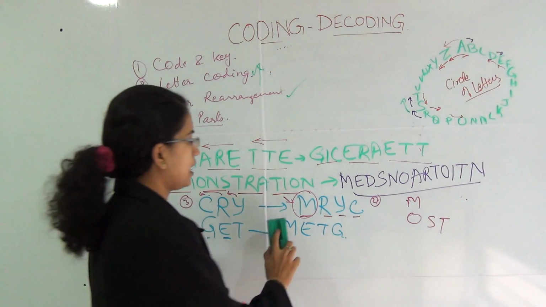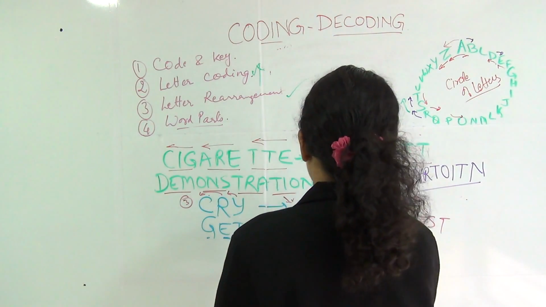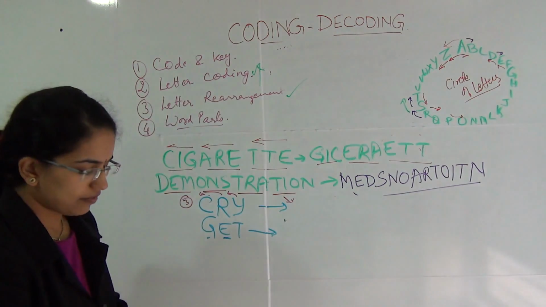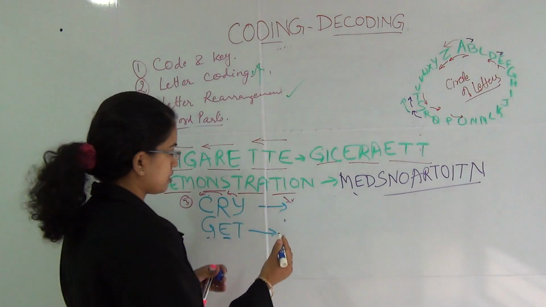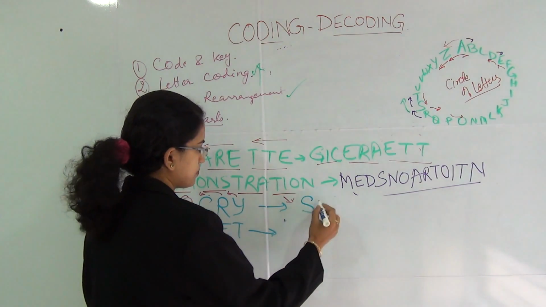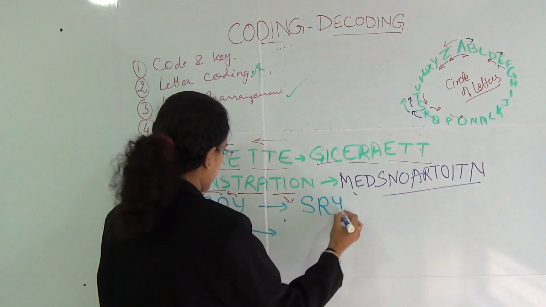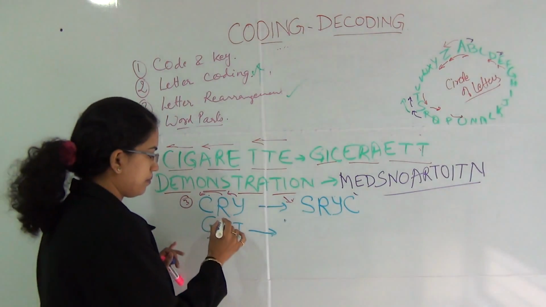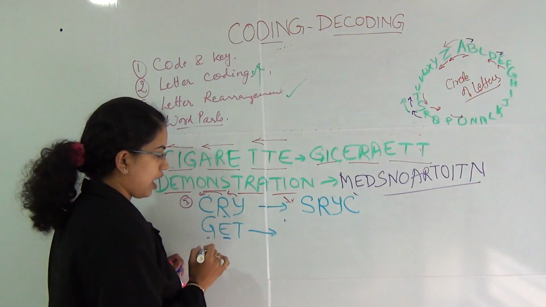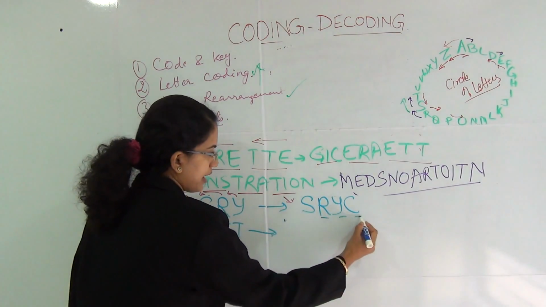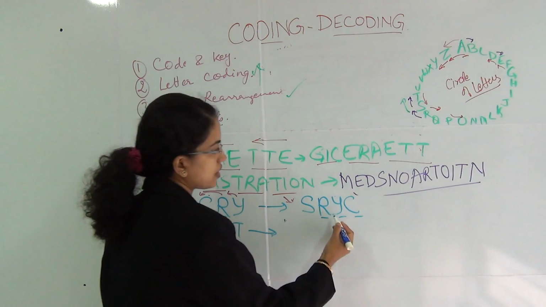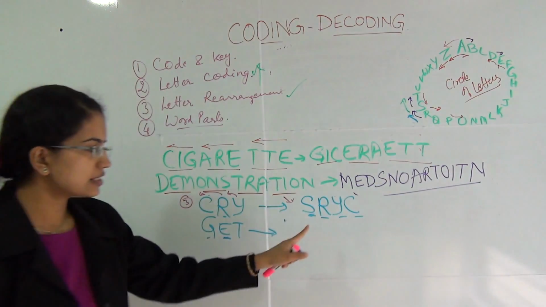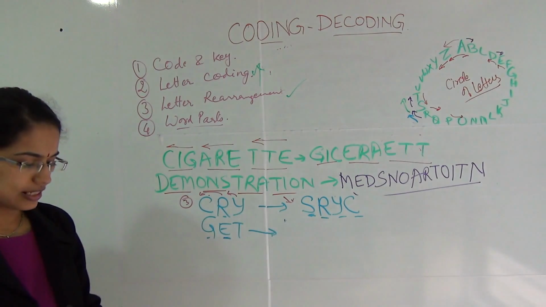But now, let me change the code for it. In the code language, if I say the solution for this problem is R, Y and C, what I am doing is starting with R and taking the next letter Y and then finally C. But what comes after R is S. So there is a relationship with the first letter here.